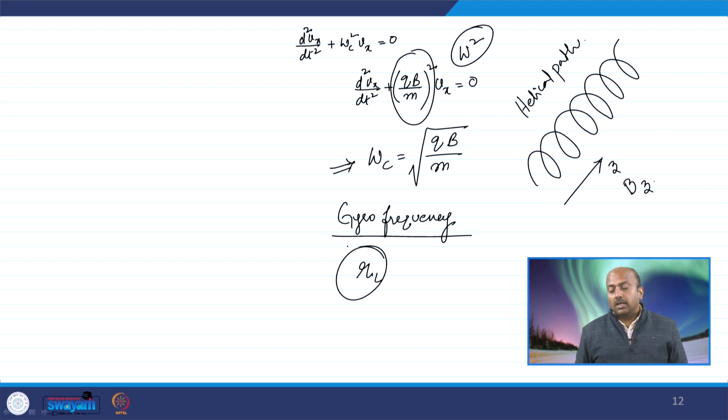And most importantly, the particle's gyration frequency is dependent on the mass. So heavier particles will have smaller frequencies, and lighter particles will have larger frequencies for the given strength of magnetic field. Okay.